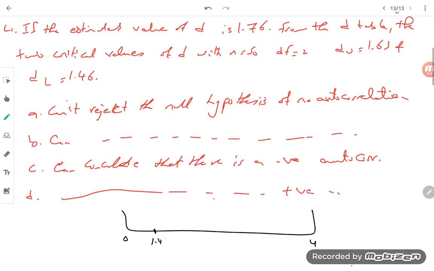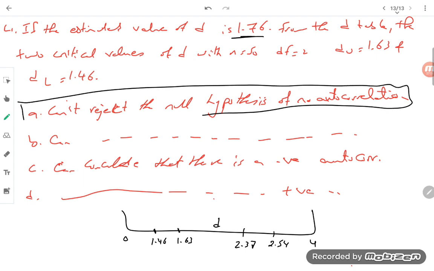Lower limit is 1.46, and 1.63 the upper limit. 4 minus the lower limit will be 2.54, and 4 minus the upper limit will be 2.37. The value is 1.76, which is located here. So we are not going to reject the null hypothesis. So the correct answer is A.